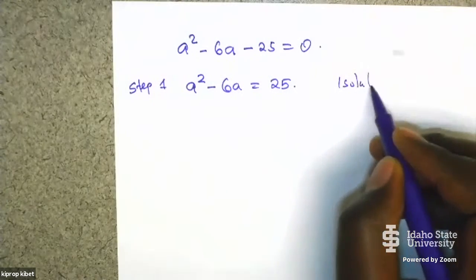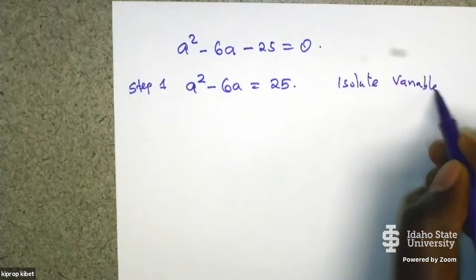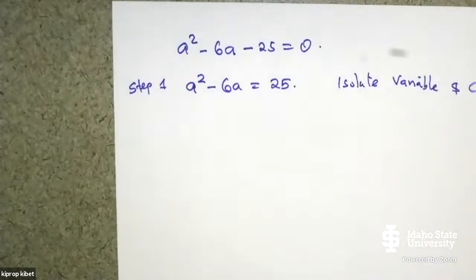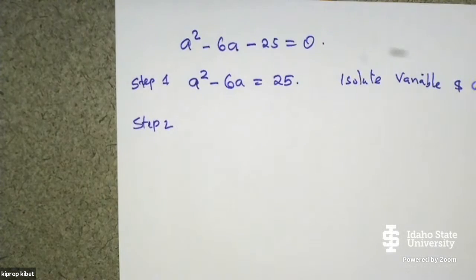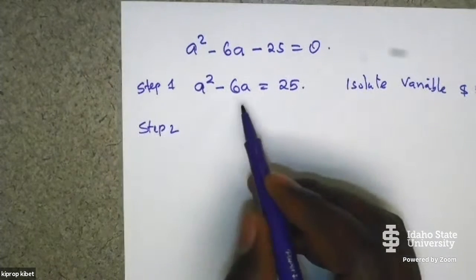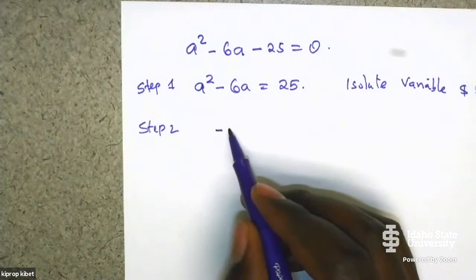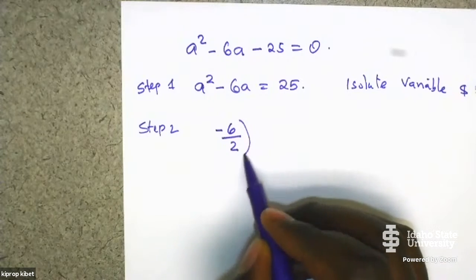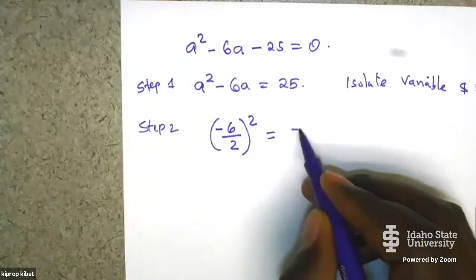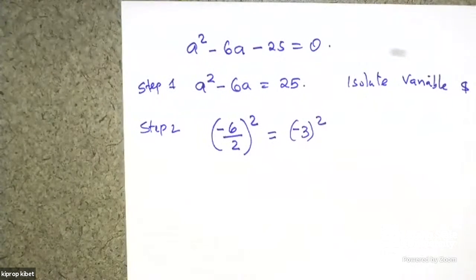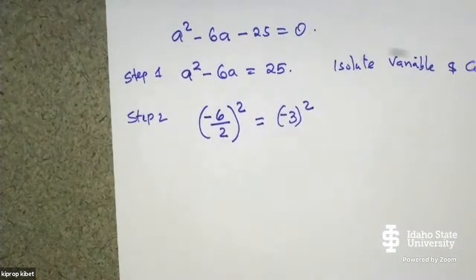Isolate the variables. Number 2, identify the coefficient of a, and then you halve it, and then you square. So what is the coefficient of a? Negative 6. You halve it, and then you square. And this is equal to negative 3 squared.